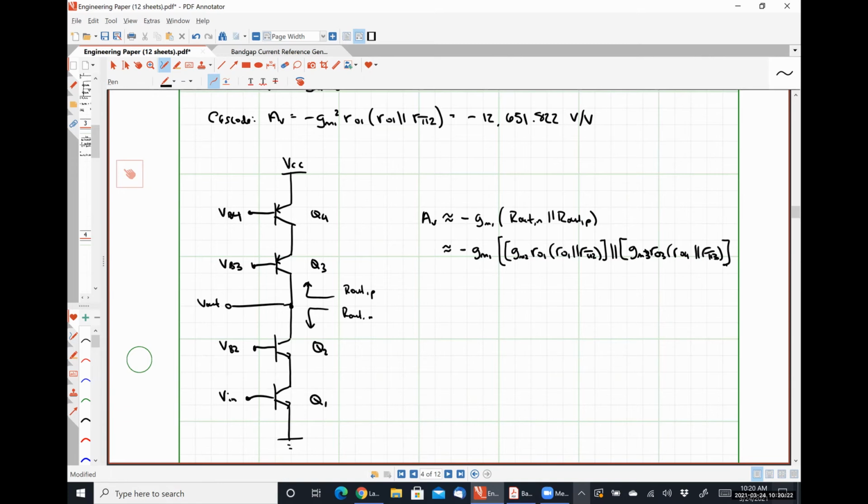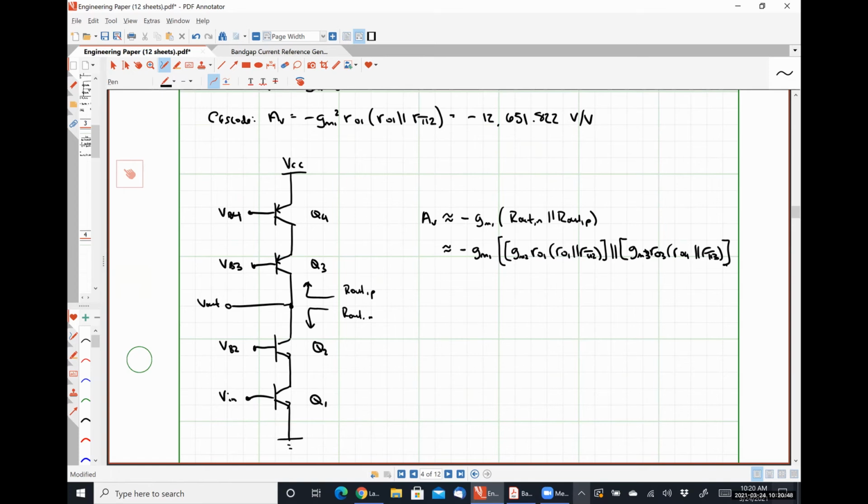where we can expect that R0 3 and R0 4 are similar in size because the same current is flowing through both of the PNP transistors and they would have the exact same early voltage as well. This guy right here, yes, that is GM2, but we should expect GM2 to be approximately equal to GM1.